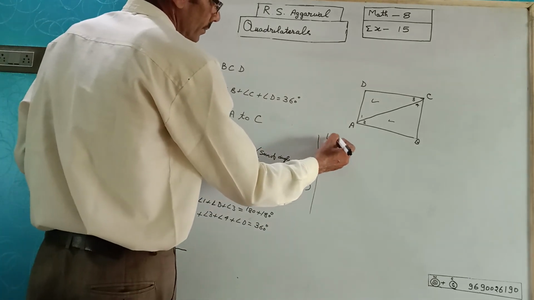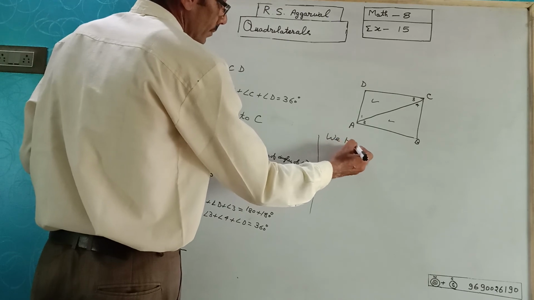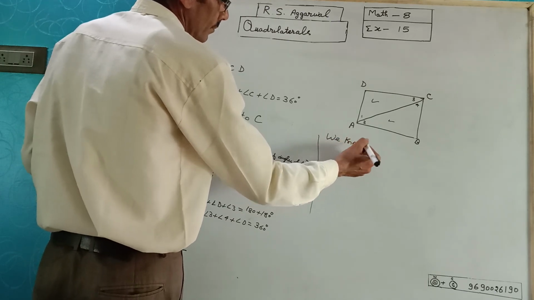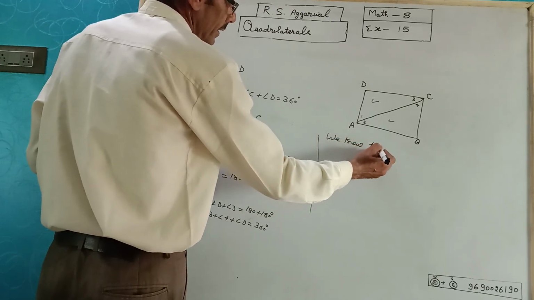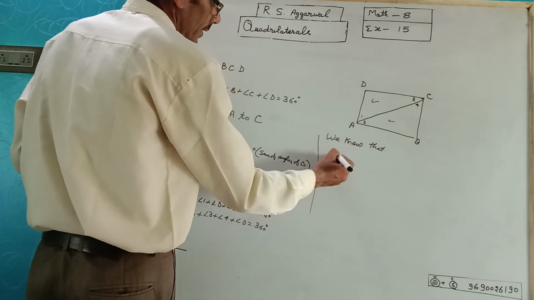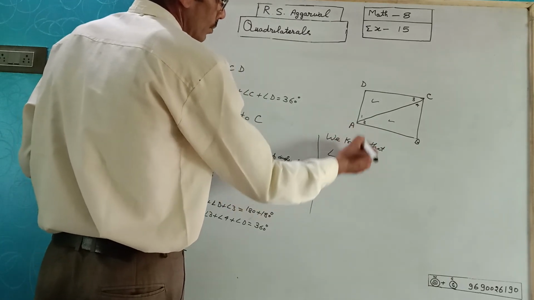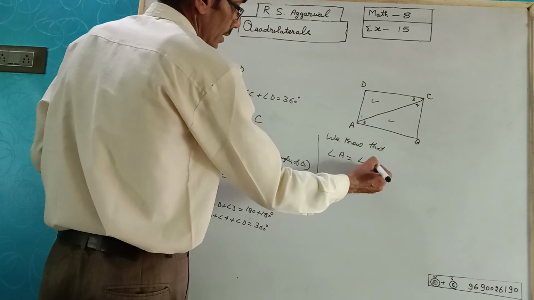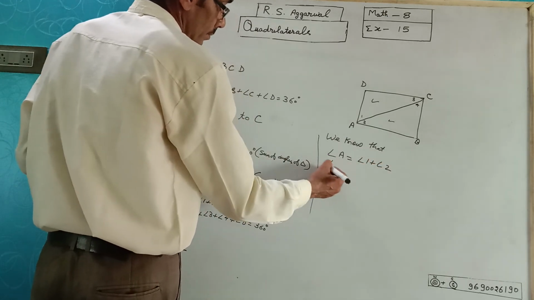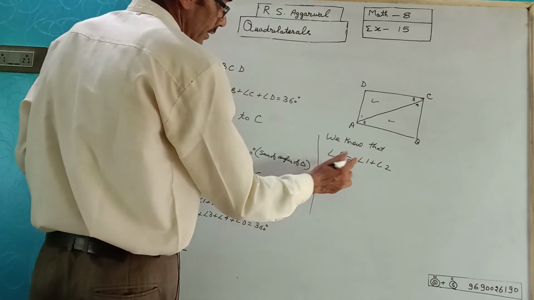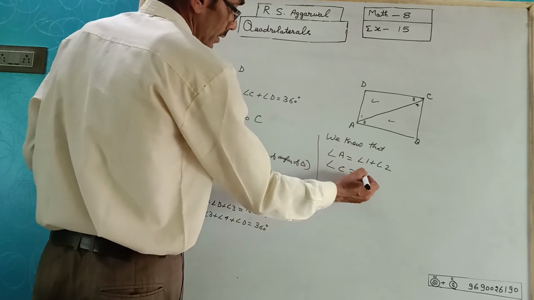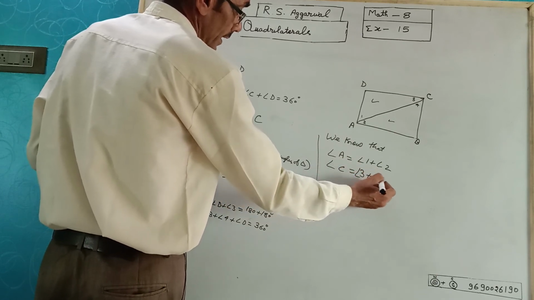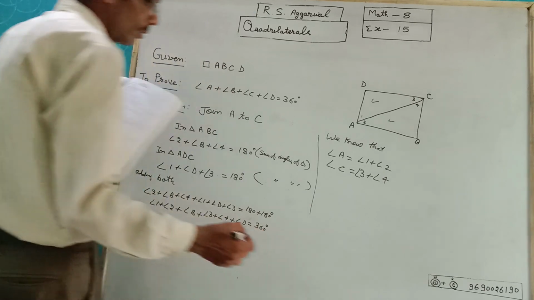We know that angle A is equal to angle 1 plus angle 2, and angle C is equal to angle 3 plus angle 4.